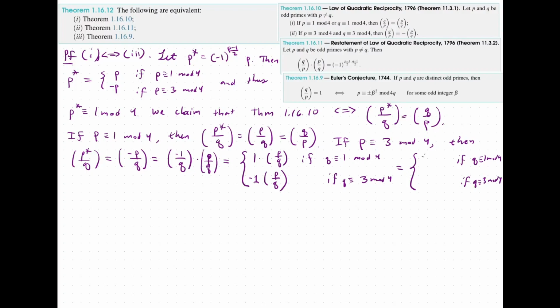So for q congruent to 1 mod 4, we established this as (p on q). And in the case of negative 1 times (p on q), because now p and q are both congruent to 3 mod 4, our assumption is theorem 1.16.10. So we have that (p on q) is the negative of (q on p). And so now we have the negative, and then we have the negative.